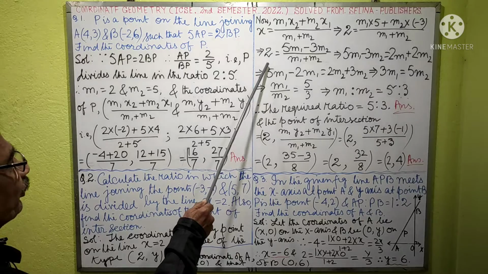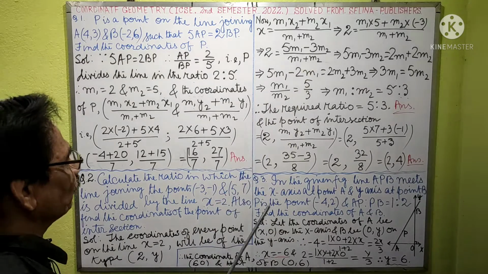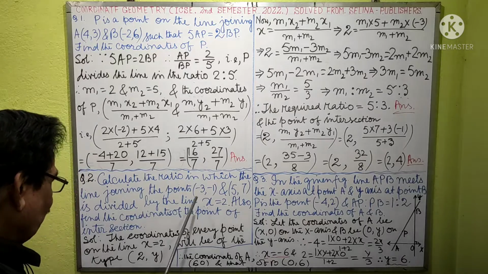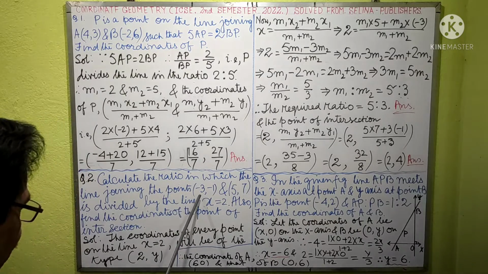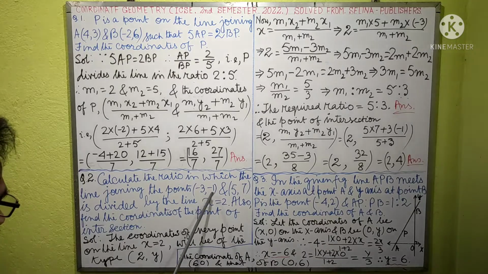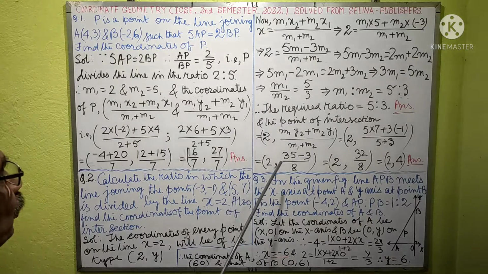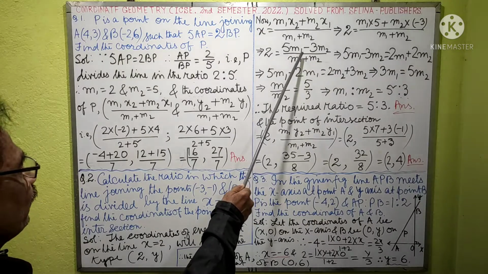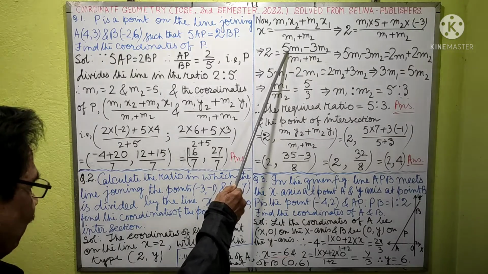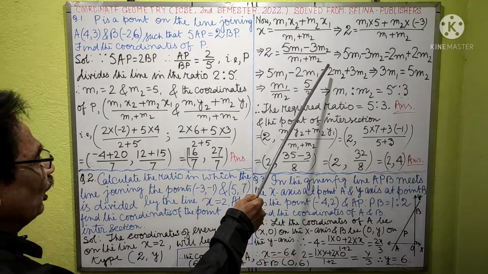So 2 equals (5 m1 minus 3 m2) by (m1 plus m2). Why is it 3? This is x1, y1, and this is x2, y2: 5 is the x2 and -3 is the x1.